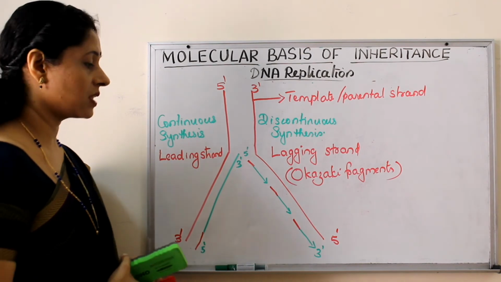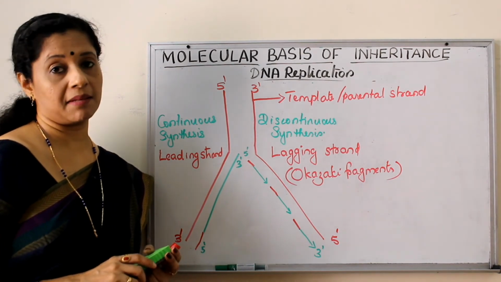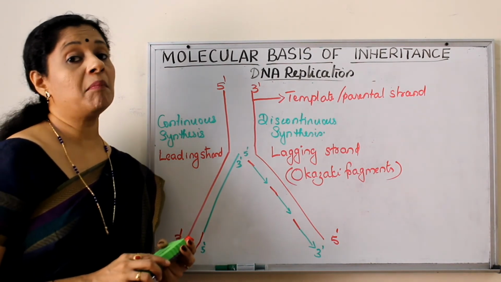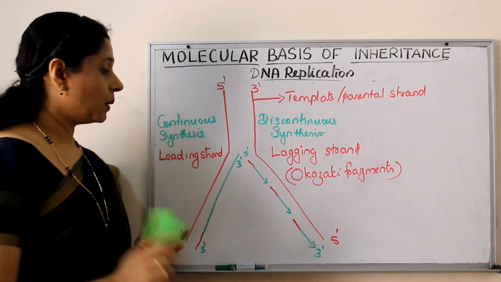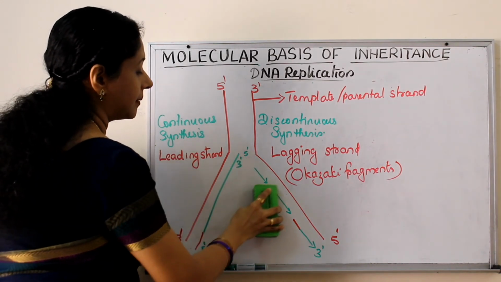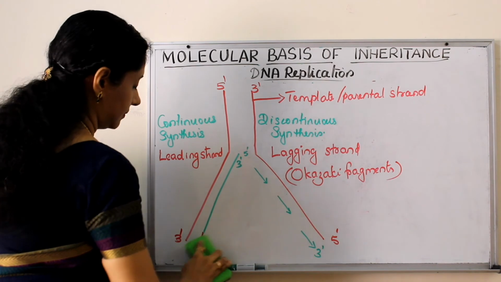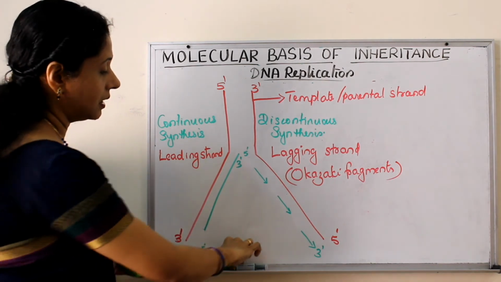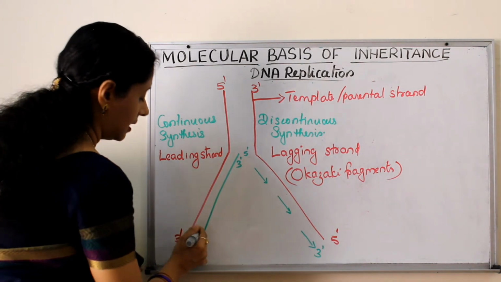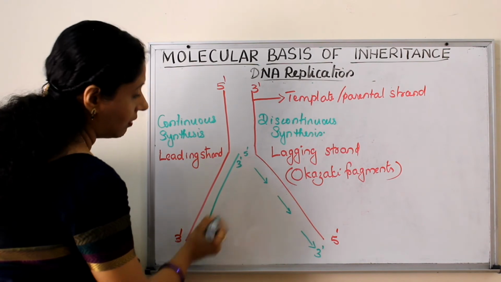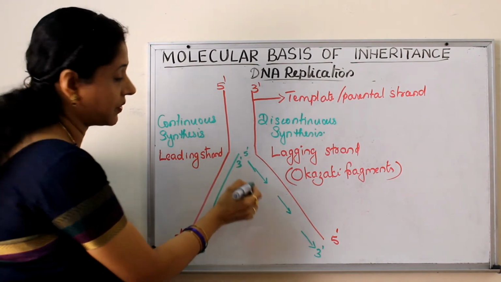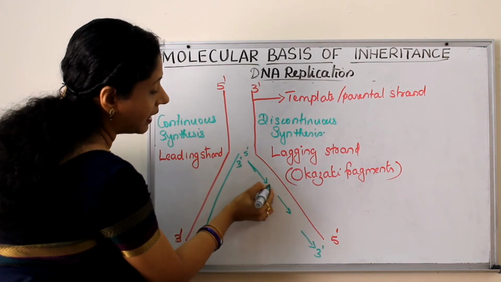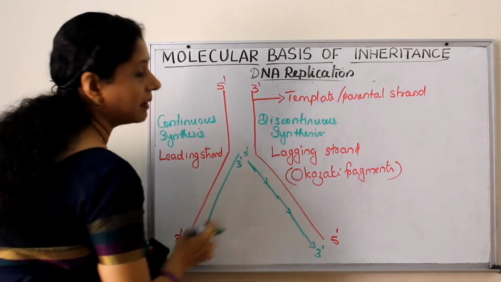Now the next stage is removal of RNA primer. Actually, DNA polymerase 1 enzyme will come and degrade this RNA and form the DNA strand based on the complementarity on the parent strand. Here also, wherever gaps are there, those gaps will be filled.